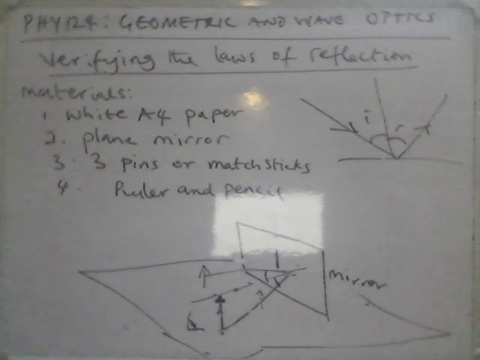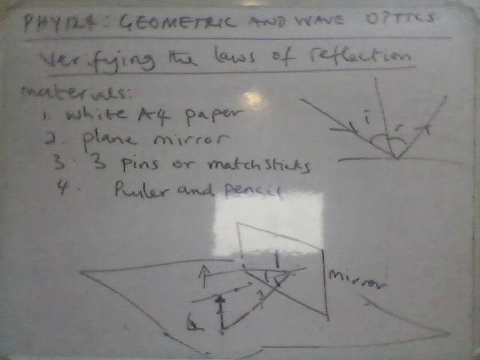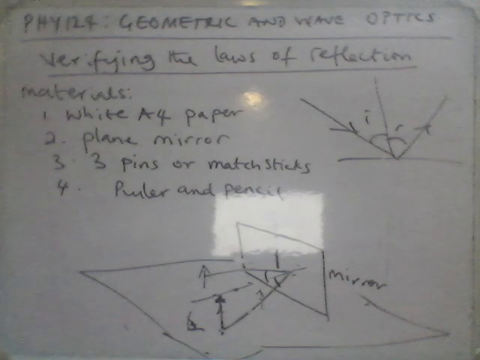So we have been able to see in these lessons that light rays are the basic unit of light, traveling in a straight line. We've seen that a beam is a group of rays, parallel, divergent, or convergent, depending on the configuration of the beam. A reflection occurs when light bounces off a surface. And the laws of reflection, there are two. Number one says the incident ray, reflected ray, and normal all lie on the same plane.